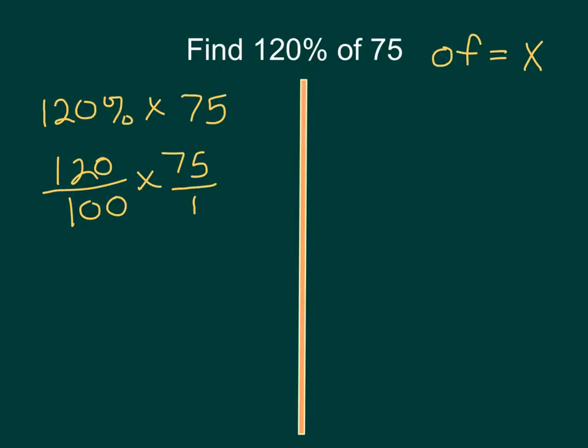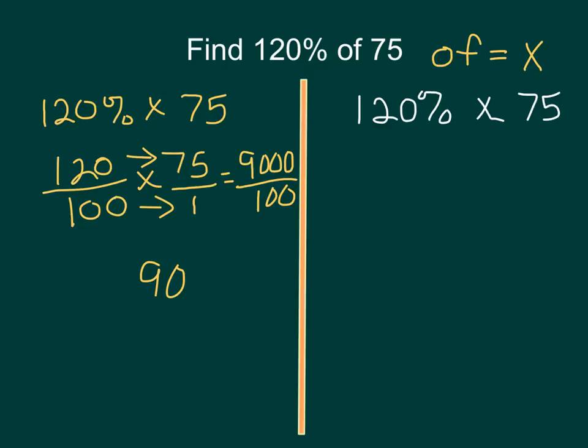Now remember, if I couldn't use calculators, I would want to do some simplifying right off the bat, and I could divide both of these by 25, but because I can use a calculator, I can just go ahead and multiply across. This would give me 9,000 over 100, and now it becomes the problem 9,000 divided by 100, and that gives me 90.